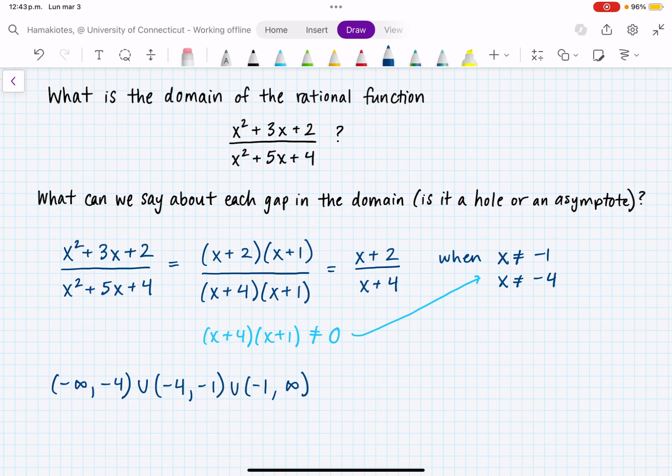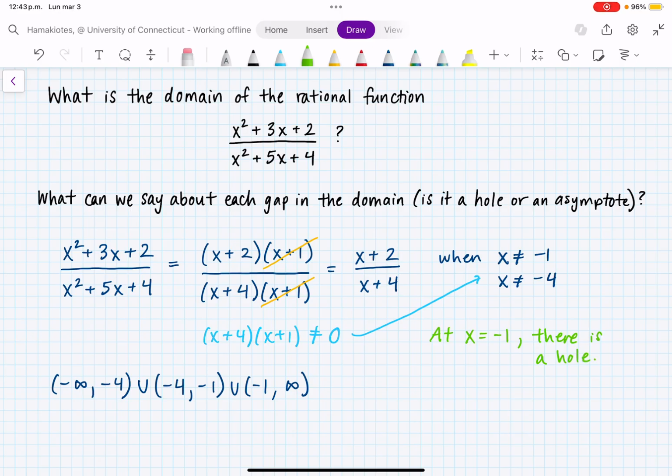Now, we want to know if there's a hole or an asymptote at the gaps. So what happens at each gap? Well, since the x plus 1 basically canceled from the numerator and denominator, what that tells us is that at x equals minus 1, there is a hole.